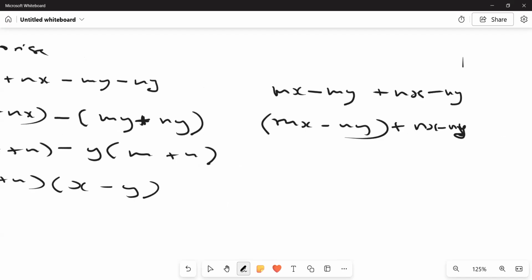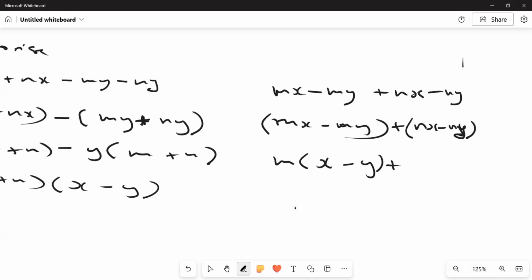So now you don't have to worry about signs, because there's a plus sign here. When there is a minus sign, like in this case, you've got to do something. But here, no problem. So now you take out what? m? This is an m, right? Take out m, you get x minus y.